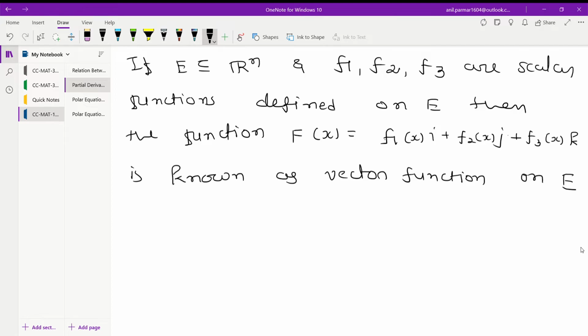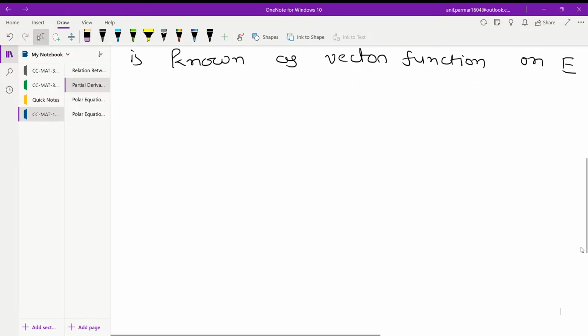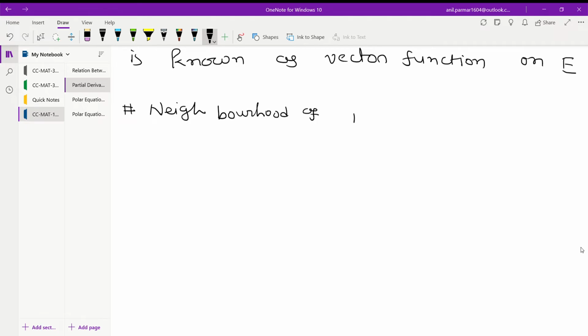Now, one of the very important parts of the partial derivative is the neighborhood of a point. તો પહેલા તો એક પોઈન્ટ લઈએ.